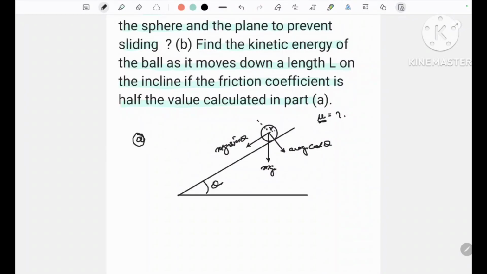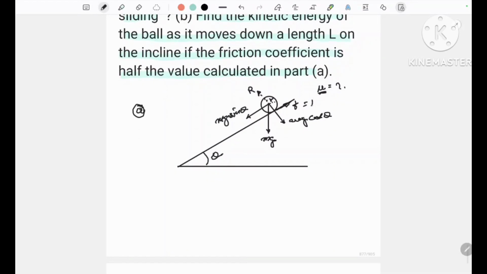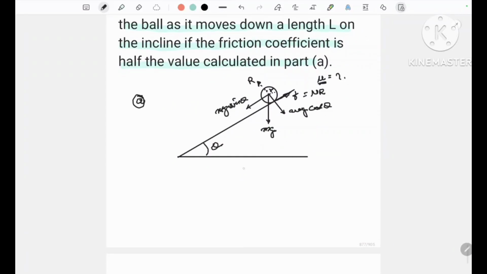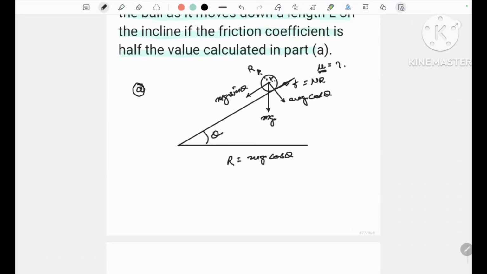Reaction of the incline is R. Frictional force is F, where F is equal to mu R. For equilibrium in the perpendicular direction to the plane, R is mg cos theta, and F will be mu R, that is mu mg cos theta.